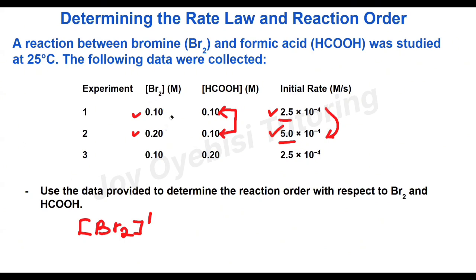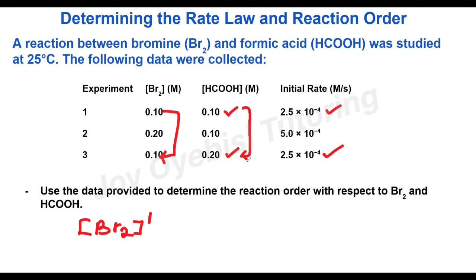Now, if we move on to formic acid, again, we're going to keep bromine constant. So bromine concentration is constant in experiments 1 and 3. Therefore, I'm going to compare experiments 1 and 3 of formic acid and initial rates. So what happened here? This doubled.